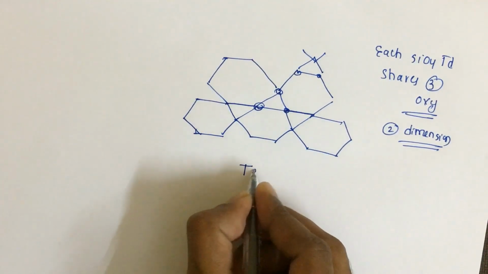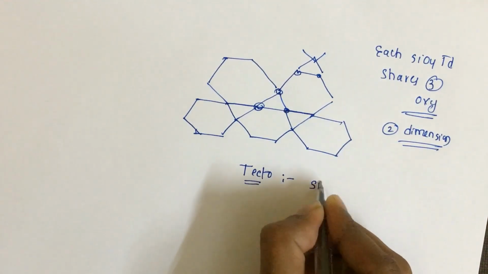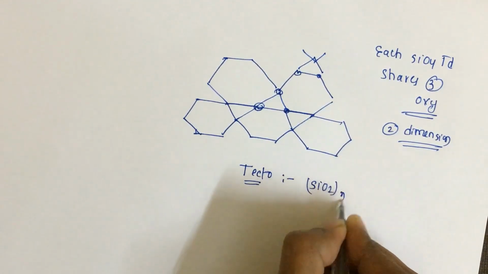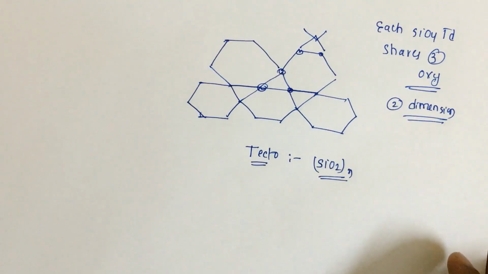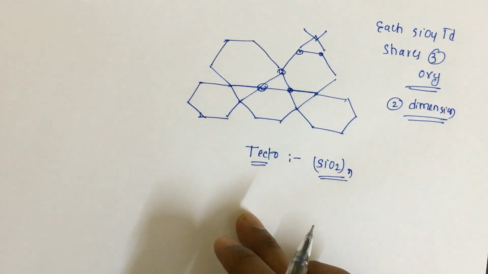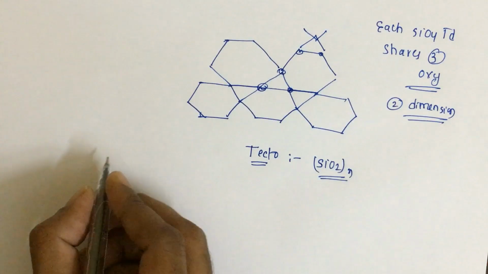Tectosilicate is a three-dimensional silicate. Here the general formula is SiO2n, and from an examination point of view they will be asking the number of oxygen atoms and the number of silicon atoms. To remember that, I will tell you one small thing we can remember.